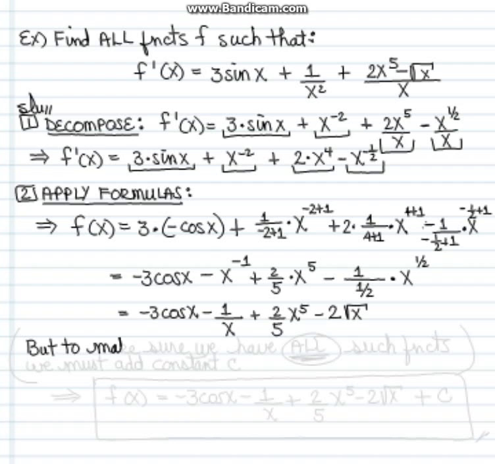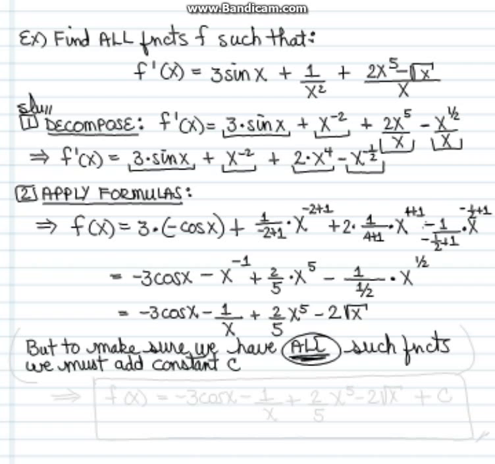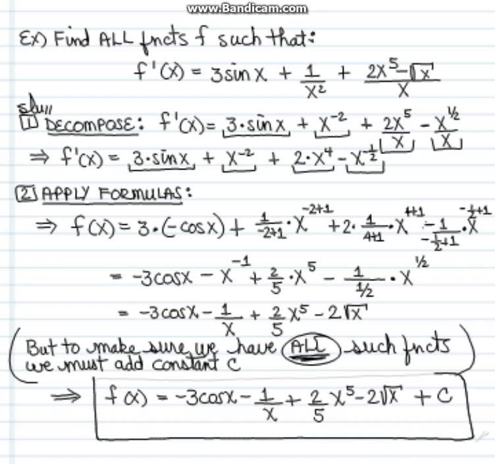But that, of course, is not all the functions there are. To make sure that we have all f of x, we have to add the arbitrary constant c. You cannot forget that. So our actual answer is f of x equals negative 3 cosine x minus 1 over x plus 2/5 times x to the fifth minus 2 square root of x plus the constant c.